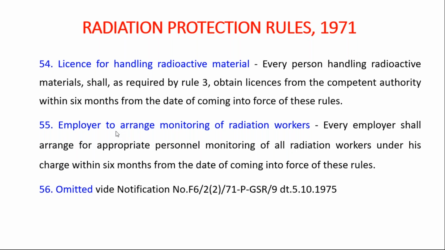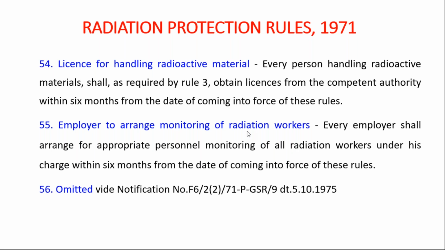Then rule number 55 is related to the employer arranging monitoring of these radiation workers. So it is the employer's duty to arrange these types of monitoring. So the monitoring may be the medical examination monitoring, it may be personal monitoring of the radiation worker, it may be workplace monitoring within that area where the radiation workers are working.